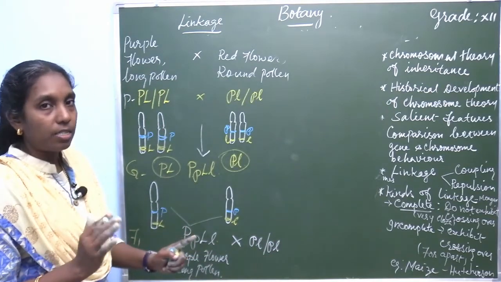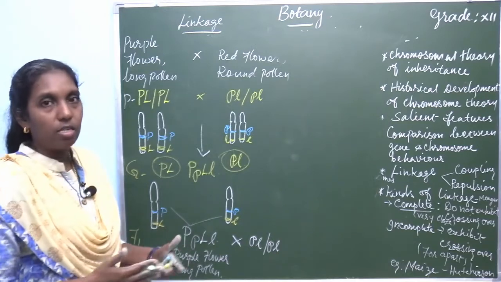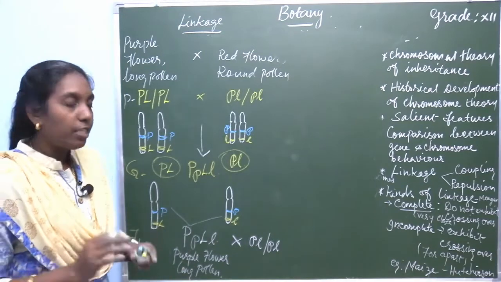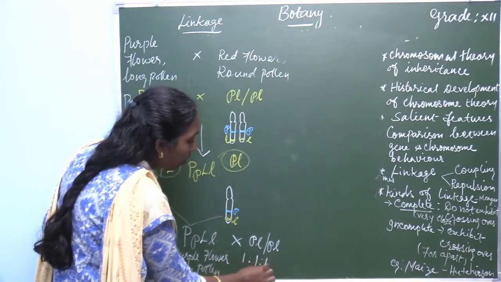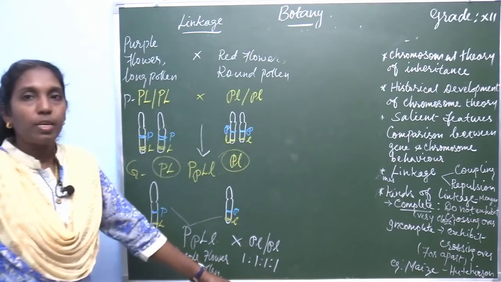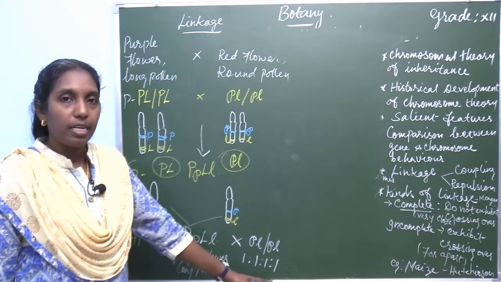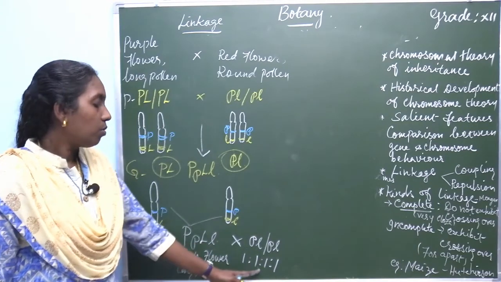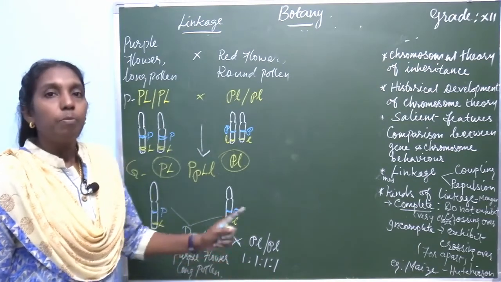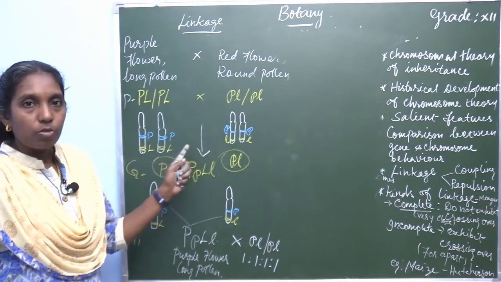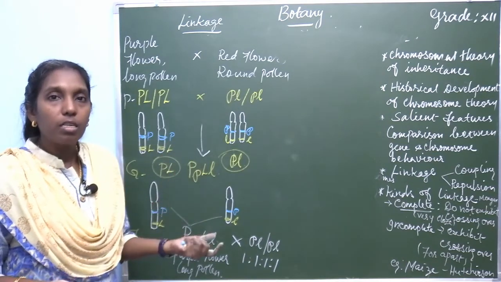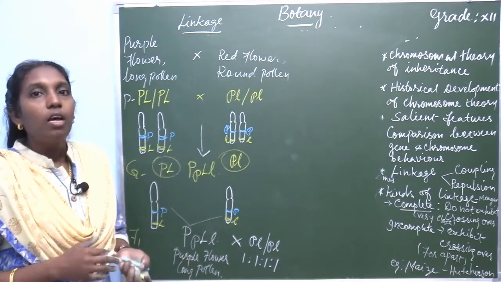When you make a cross between a homozygous recessive, or it undergoes a test cross, the expected ratio according to Mendelian inheritance is 1:1:1:1. But in this case, in Lathyrus odoratus, it does not give the expected ratio.